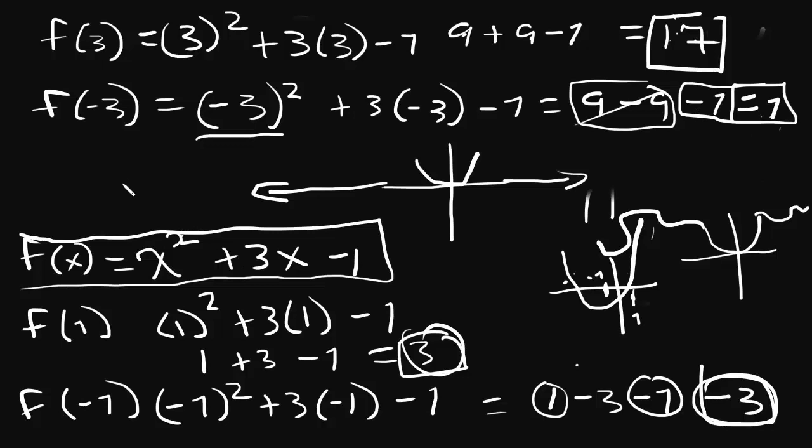In that case, we're going to have to use algebra, because we could just try a couple of points, and if we're lucky, we'll get the results that we want. But how can we be sure that in all cases it's always odd or even? How can we really tell for dead sure? That's going to take a little more algebra, and that's what we're going to look at in the next video.